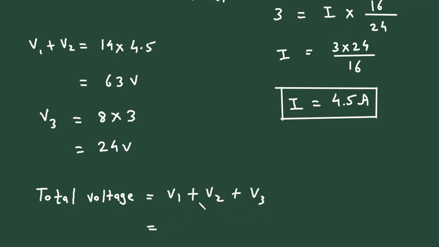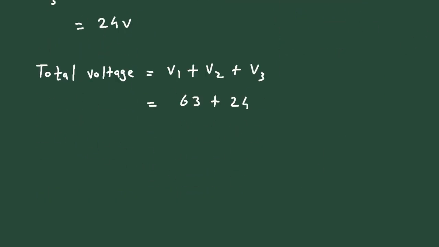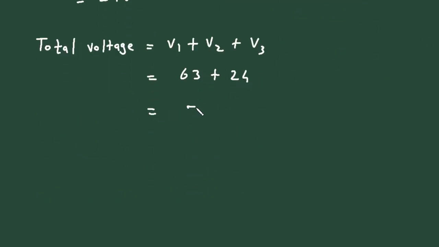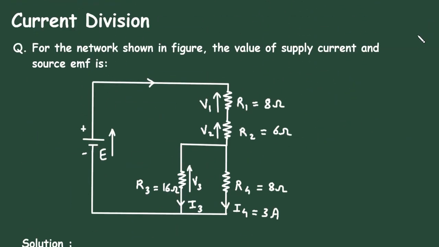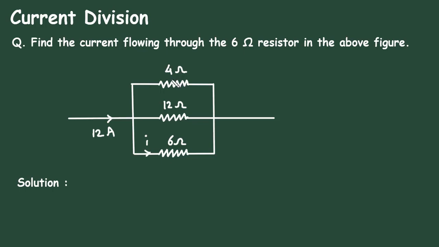Here we can see this current is I, that is 3 ampere, multiplied by the opposite branch resistance. The opposite branch to this is 8 ohm. So it will be 8 ohm divided by the same, that is 8 ohm plus the same branch resistance, that is 3 plus 1.